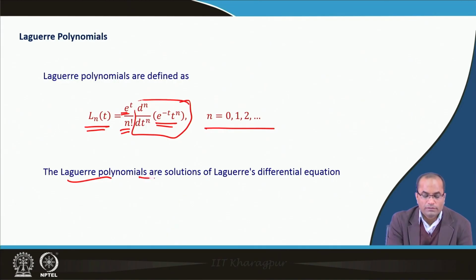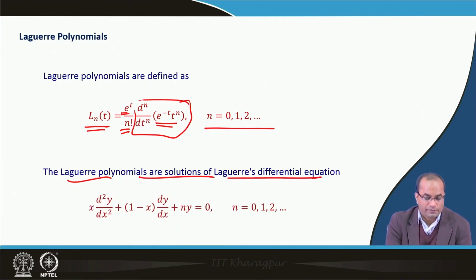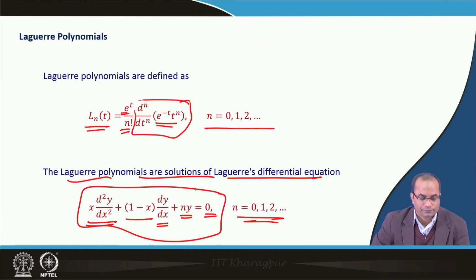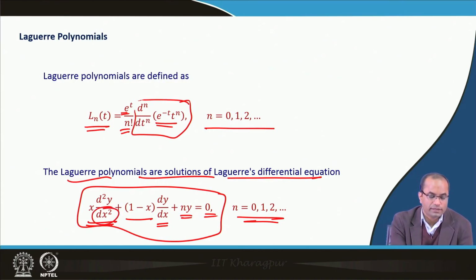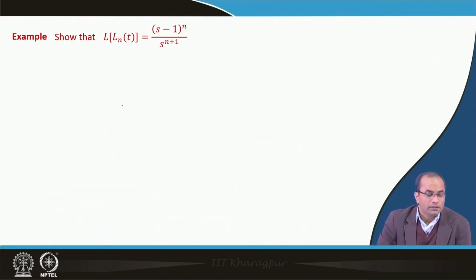The Laguerre polynomials are the solutions of the Laguerre differential equation given in this form: x d²y/dx² + (1 - x) dy/dx + n y = 0. So, this is the Laguerre differential equation, and the solution will be given in the form of Laguerre polynomials. Here it is written in terms of x, so naturally, this L_n can also be written in terms of x.